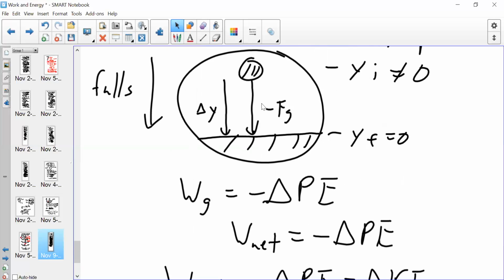The total amount of work done in the system will be equal to 0, and that 0 work is equal, in this case, to a negative change in potential energy. Any questions before we go further?